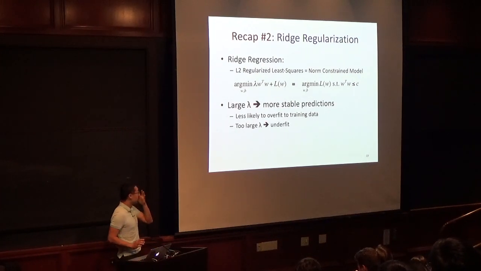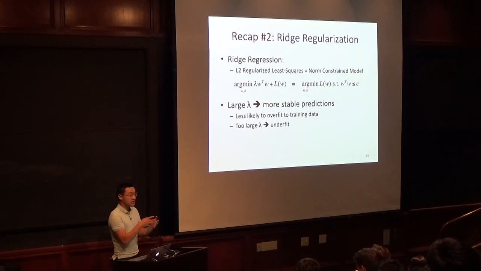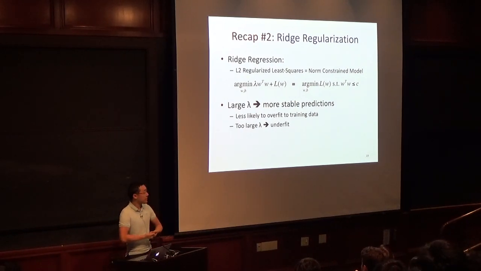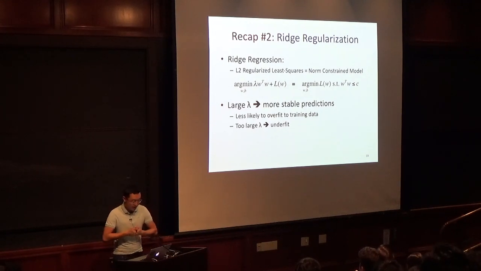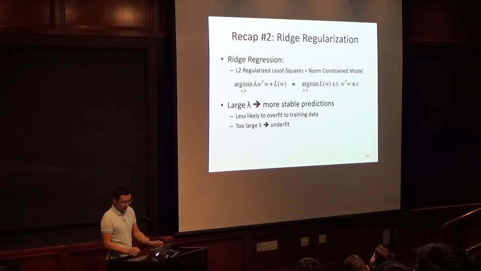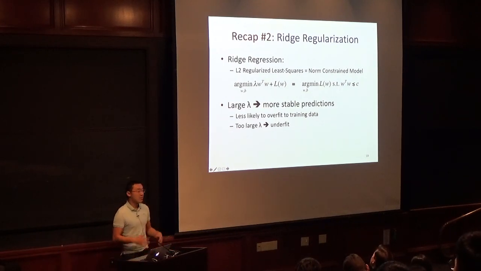Large lambda leads to more stable predictions because the W that we get is a smaller W. It's less likely to overfit to the training data. And if the lambda is too large, we'll underfit, and so we also won't do well on the test set. Indeed, for different choices of lambda, this is a measure of the model complexity.